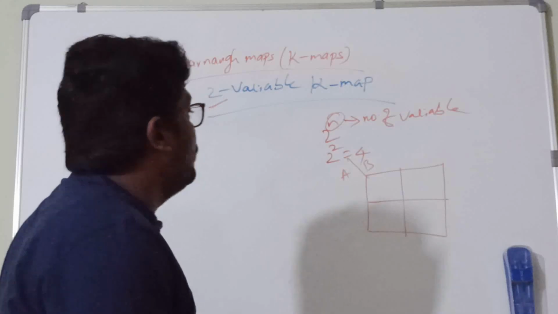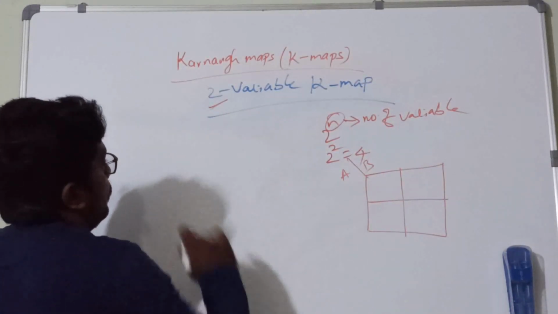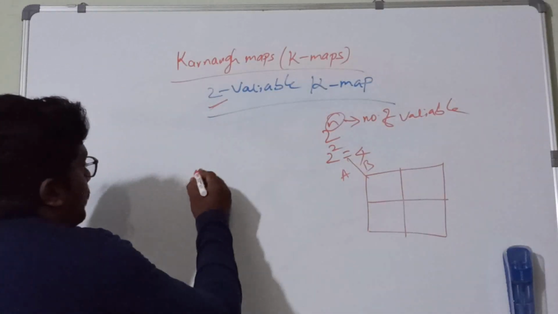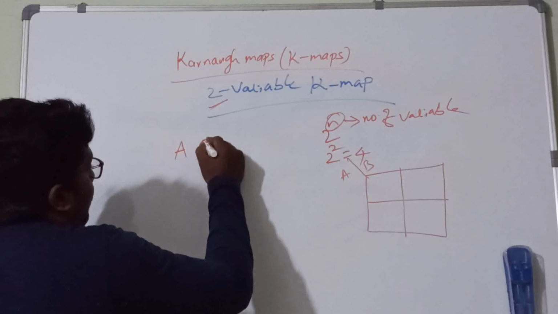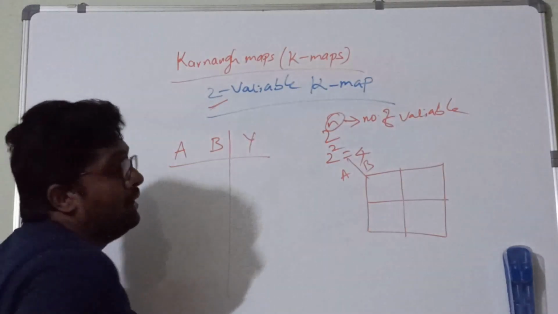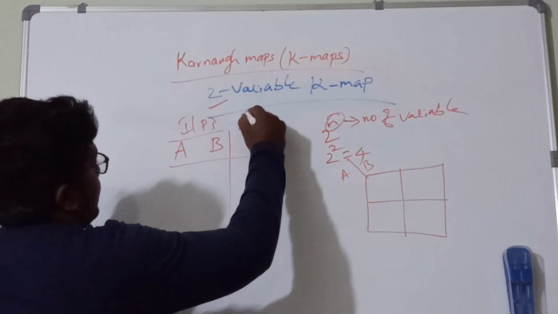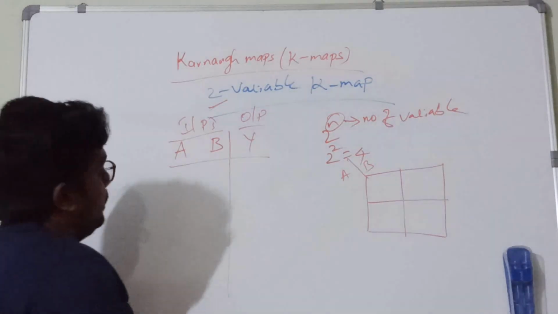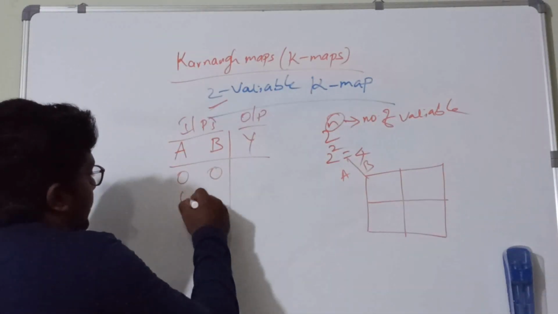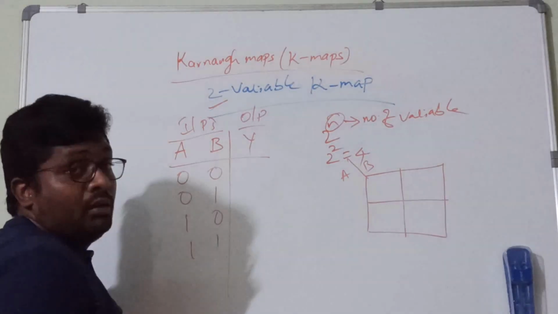Now let us have a look at the truth table for 2 variables. If I take the 2 variables as A and B, these are the inputs and this is the output. With 2 variables, we have 4 possibilities: 0 0, 0 1, 1 0 and 1 1.